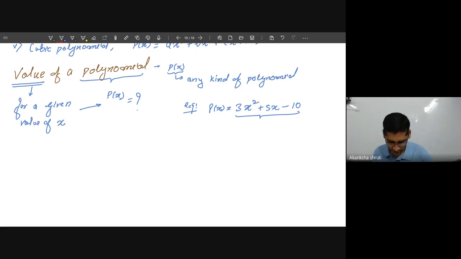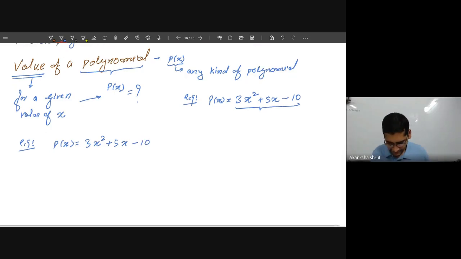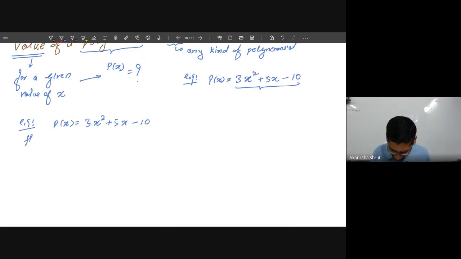So value of polynomial means, for example, here I have taken p(x) is equal to 3x square plus 5x minus 10. Then we want to find this value of p(x) for a specific value of x, meaning the x value will be given.